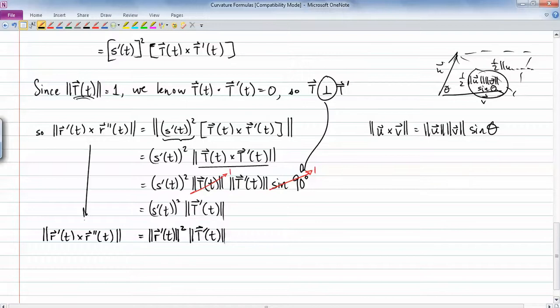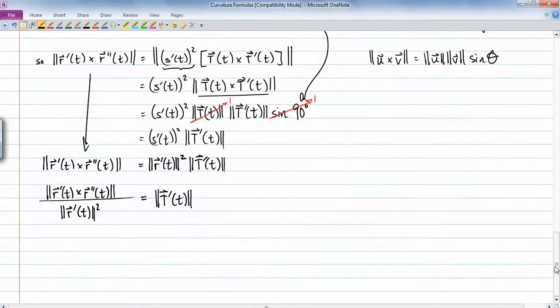All I'm doing is bringing that down now. Okay, well, let me divide both sides by the magnitude of r'(t) squared. Then I get the magnitude of r'(t) cross r''(t) over the magnitude of r'(t) squared equals the magnitude of T'(t).